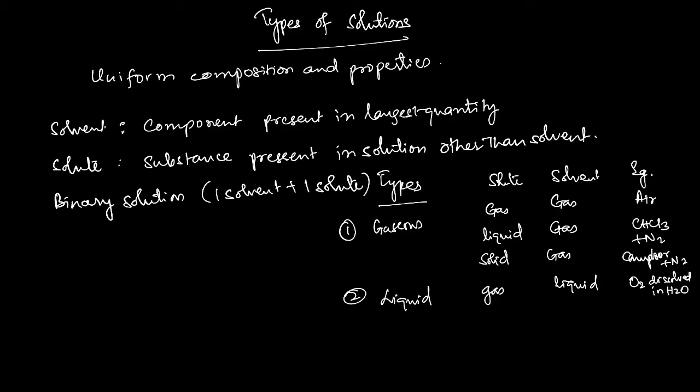That is an example of liquid solution where solute is gas. Liquid can also be the solute in liquid solvent. Example is ethanol dissolved in water, so ethanol plus H2O. This is a good example.